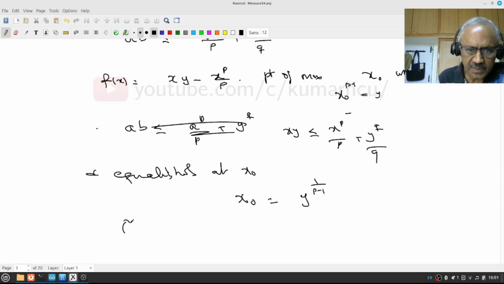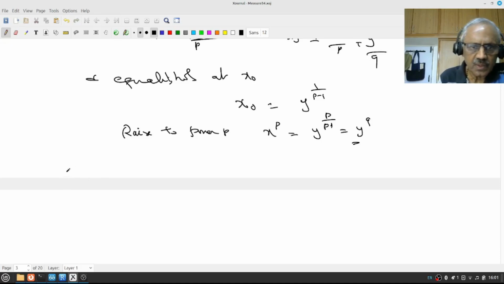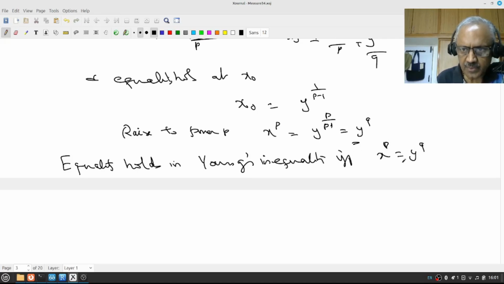Therefore, raise both sides to power P. Then I have x to the power P, and I replace it by y to the power P by P minus 1, which is y to the power Q. So equality holds in Young's inequality if and only if x to the power P equals y to the power Q.